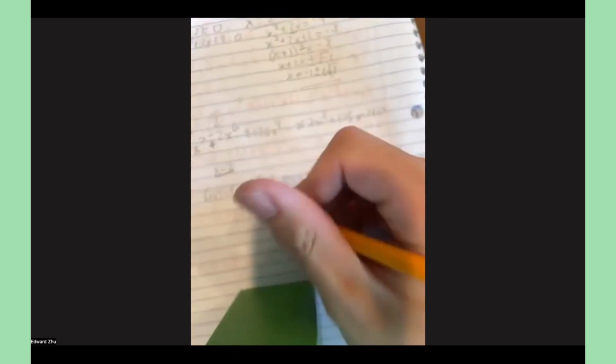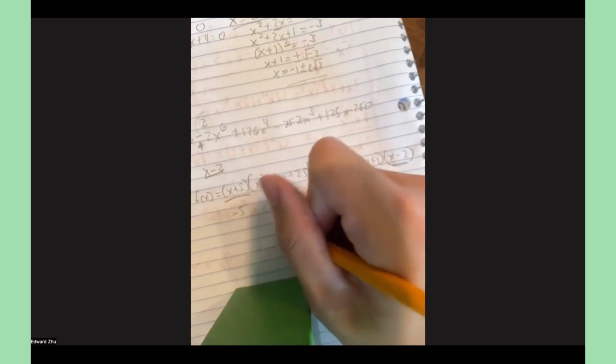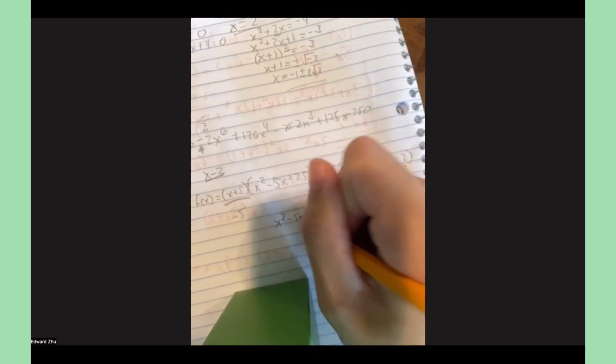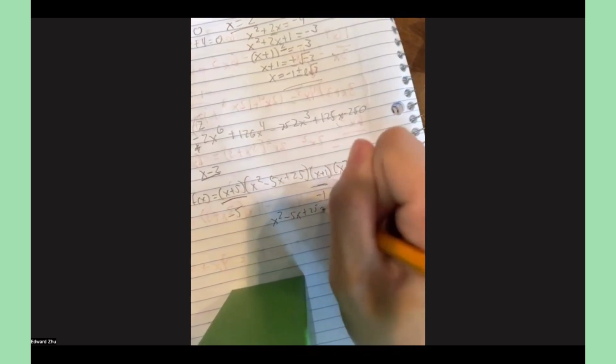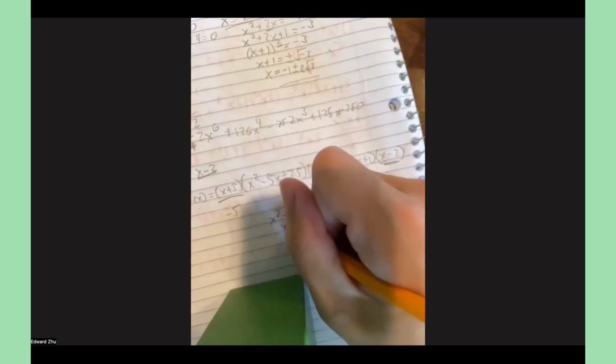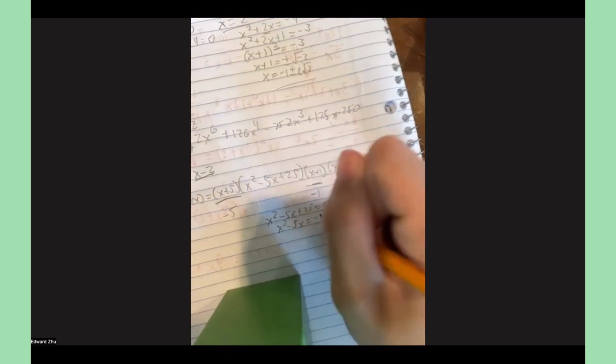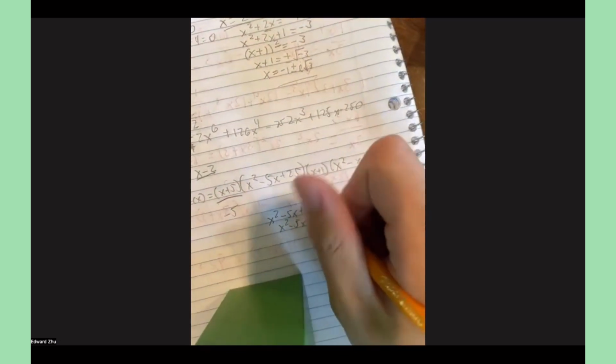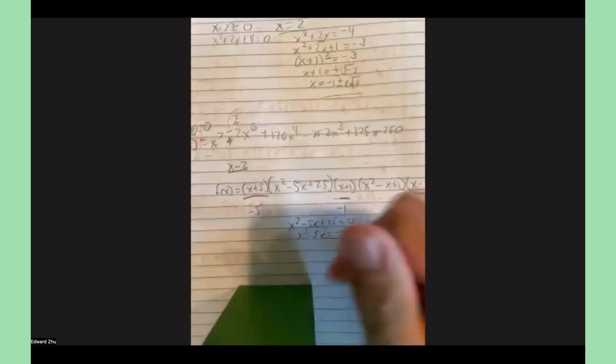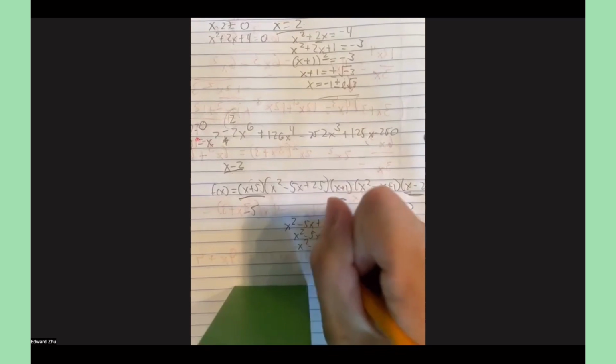And then we use our good old steps of x² - 5x + 25 = 0, right? Get x² - 5x = -25. And then you would take x² - 5x.